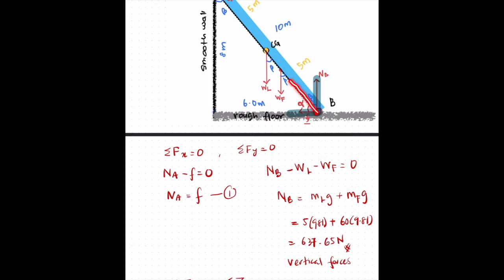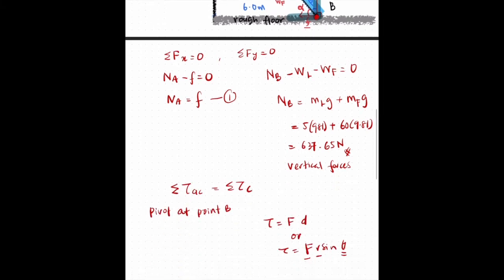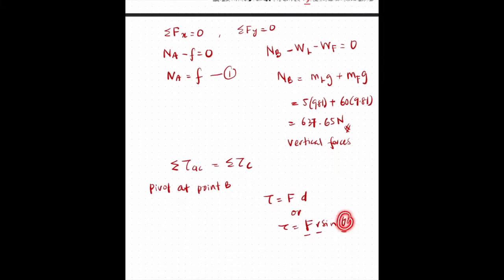This is our R, this is our force, and this is our theta. Remember, torque is equal to FR sin theta, where theta is the angle between force and R.